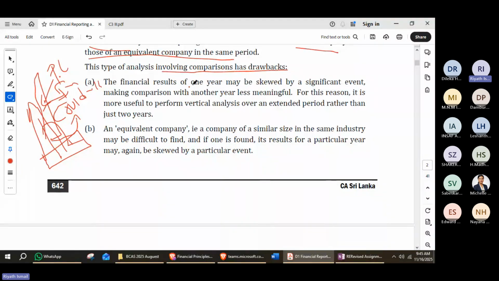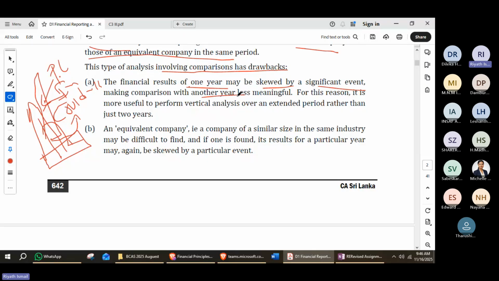The financial result of one year may be skewed by a significant event, making comparison with another year less meaningful. If we compare the profitability of mobile manufacturing companies in COVID-19 with this year, it's meaningless, because in that particular period it gave a better improvement for some companies, while it was a disaster for others.